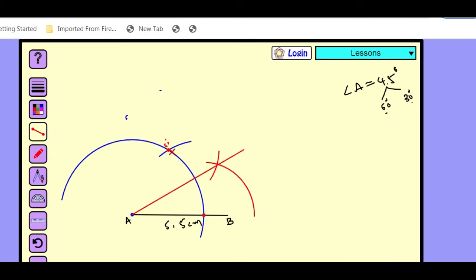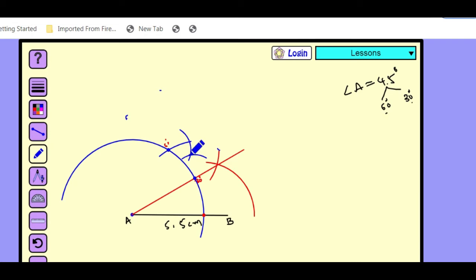Now we are going to bisect this 60 and this 30. Now we are going to bisect this 30 and 60, we will get 45 degrees. To construct the 45, take the compass radius more than half of the length from 30 to 60 degrees and draw an arc here. With the same radius with the center at the 30 degrees point, you should draw another arc which cuts the previous arc.